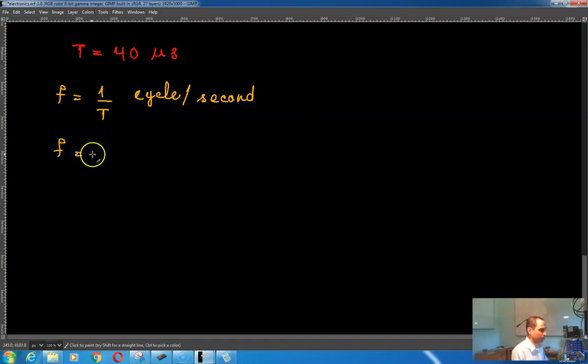So your frequency would be equal to one cycle divided by T, or essentially 1 over T cycles per second. So essentially your frequency would be equal to 1 over 40 microseconds, which is one cycle per 40 microseconds, right?